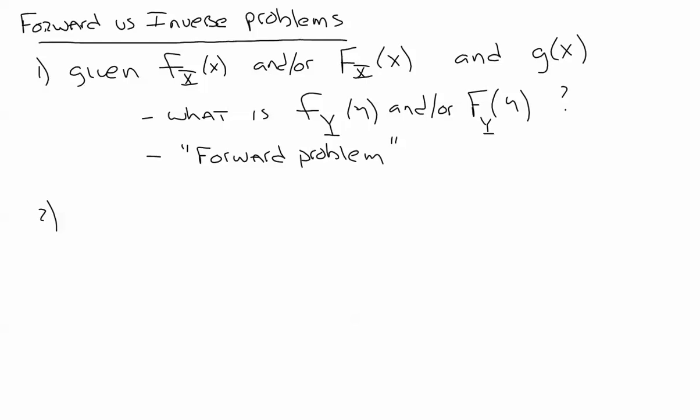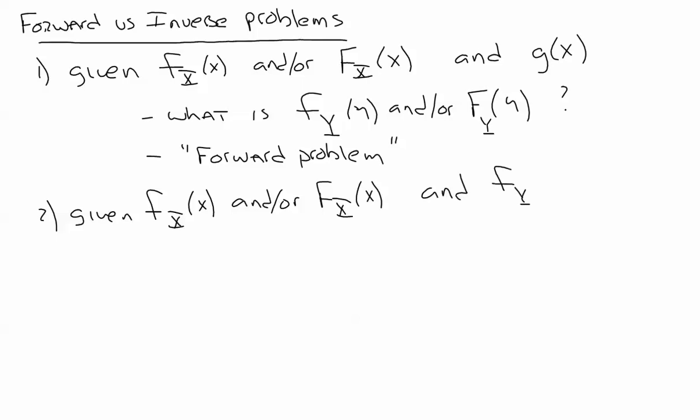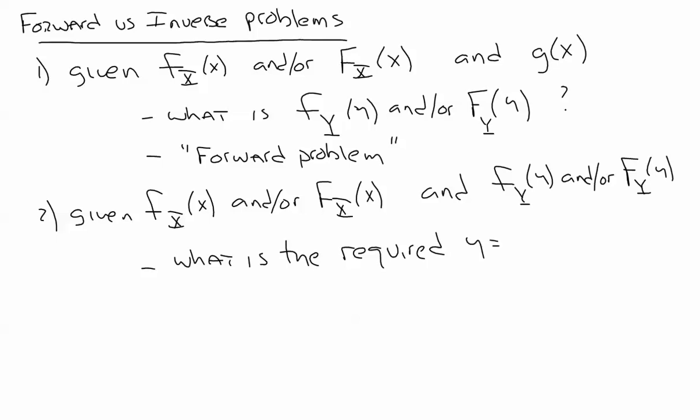A similar problem is this. Given the probability density function for x and/or the cumulative distribution function for x and the probability density function for y and/or its cumulative distribution function, given an initial probability density function and/or cumulative distribution function in x and a finishing probability density function for y and/or its cumulative distribution function, the question is, what is the required transformation function y equals g of x?